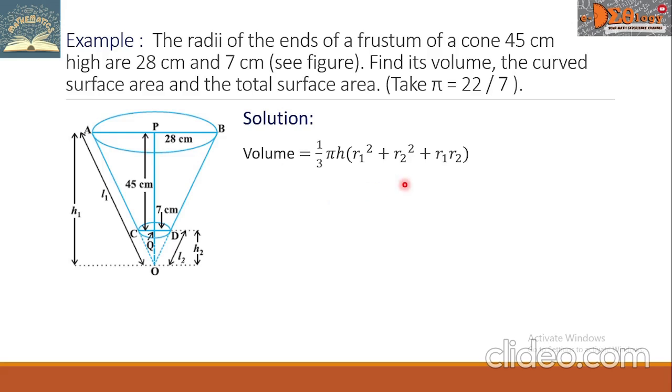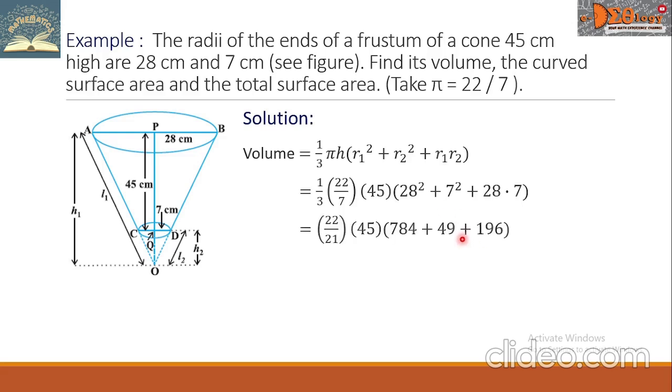Let's begin with the volume, and this is our formula. When we substitute the corresponding values, we have 1/3 times 22/7 times 45. Then the quantity 28 square plus 7 square plus 28 times 7. Let us simplify the values inside the grouping symbol. That will be 784 plus 49 plus 196.